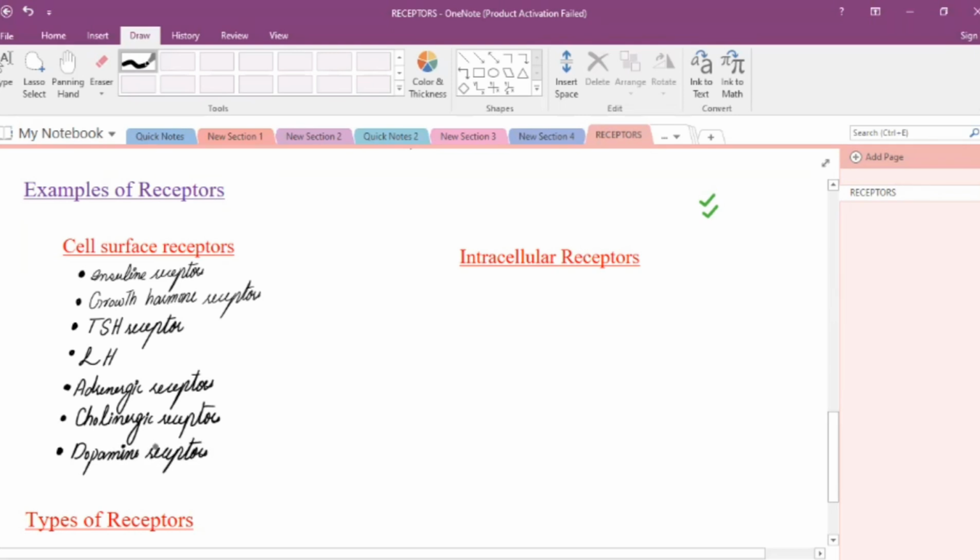There are a lot of other examples, right? But I have given you people the most commonly used ones, in case of physiology and pharmacology.